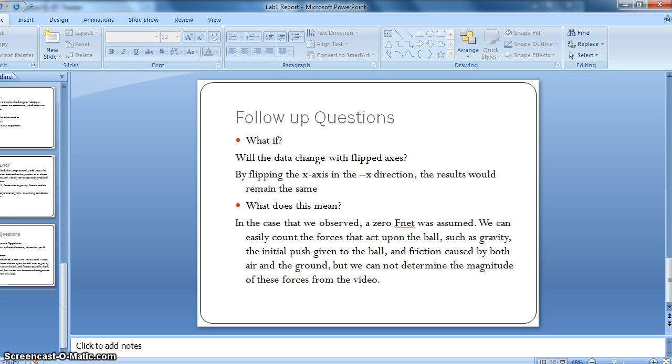Also, we can easily count how many forces are acting upon the ball. But unless the magnitude of these specific forces are given, we cannot determine the magnitude of these forces using Newton's second law. This concludes our lab and our observation of an object that moves with constant velocity.